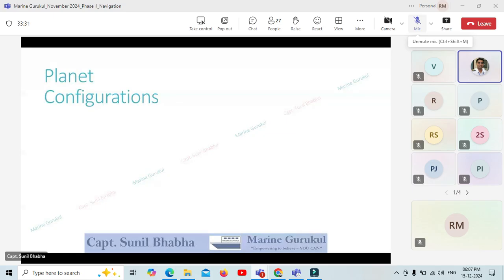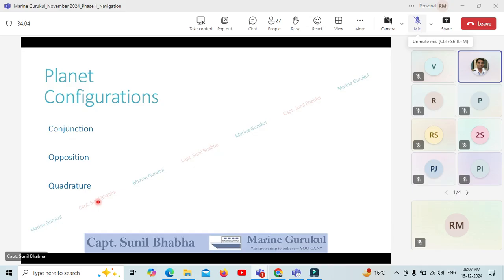Now, next we refer to some planet configurations. Configurations basically means a particular location of the planet in its orbit. The terms which are used to represent or show planet configurations are number 1 conjunction, number 2 opposition, and number 3 quadrature.